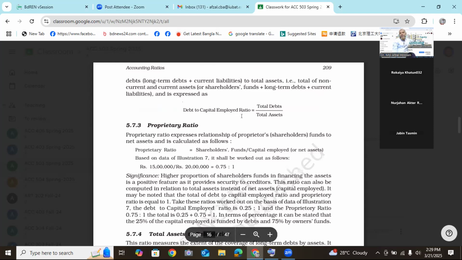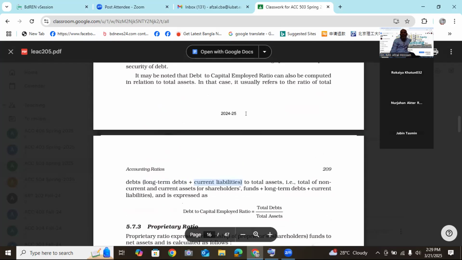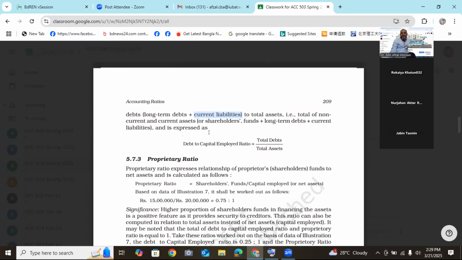Debt to capital employed ratio equals total debt divided by total asset. Total debts here means long-term debts plus current liabilities. Earlier, we considered only long-term debts.